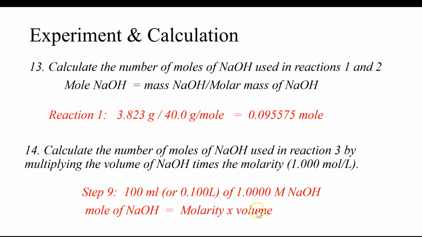In step number 9, they tell you that the concentration of sodium hydroxide is 1.000 mole per liter. So this is 1.00 multiplied by the volume. The volume that you put in the beaker is 100 ml. So now you have to convert from milliliter to liter in order to use this formula.